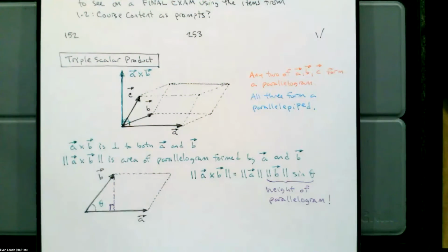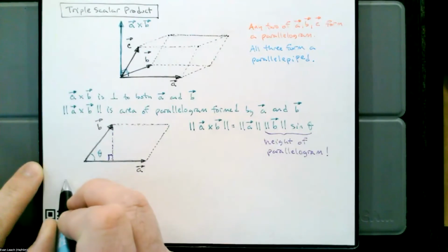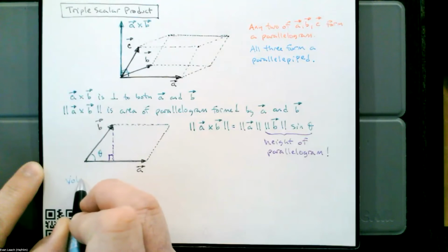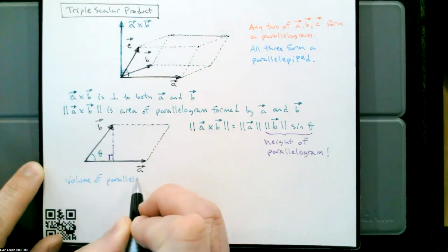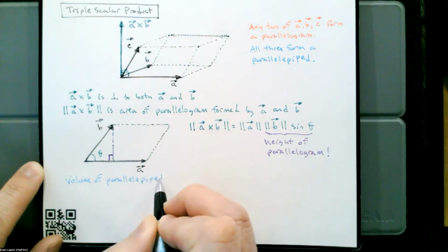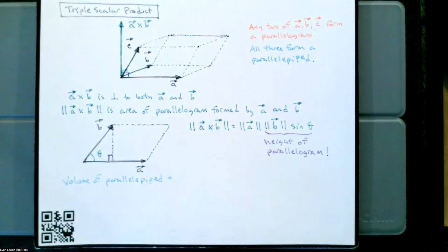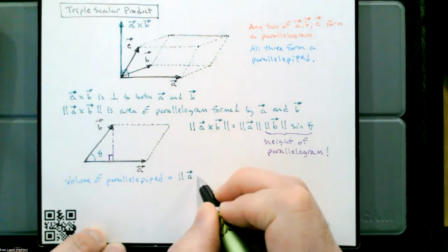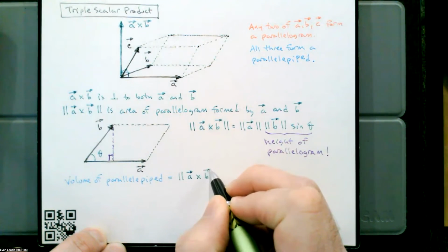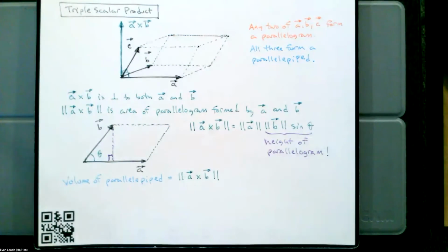So the volume of the parallelepiped will be the area of the parallelogram, which is just going to be the magnitude of A cross B, times the height of the parallelepiped.